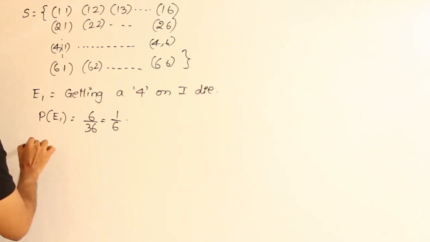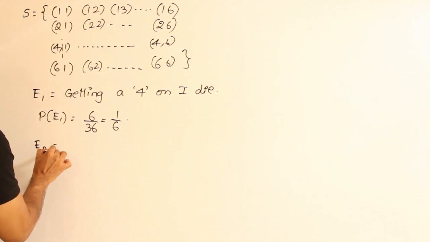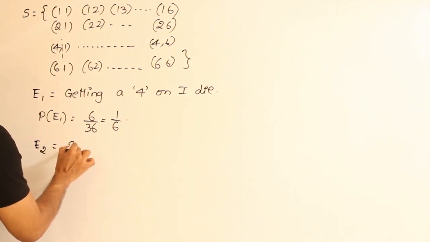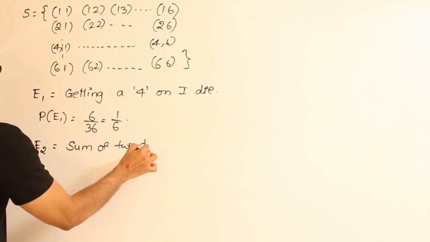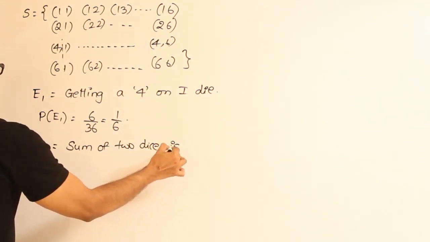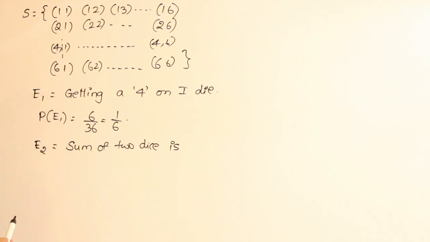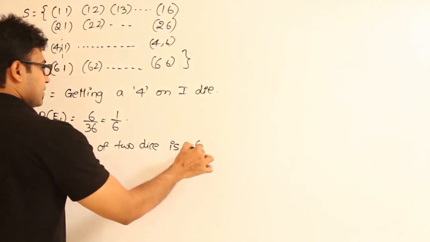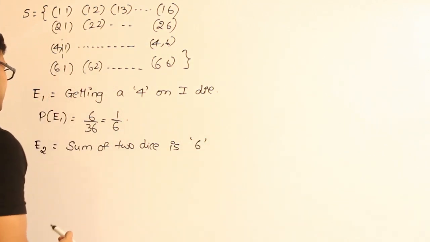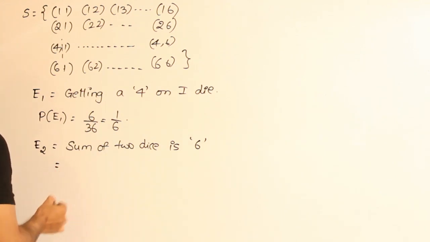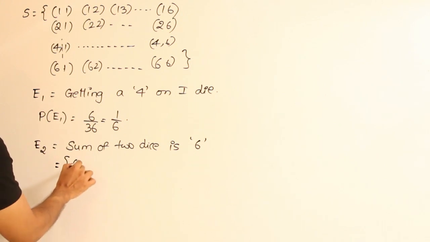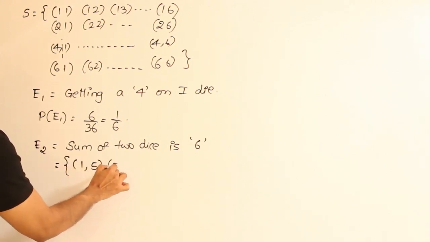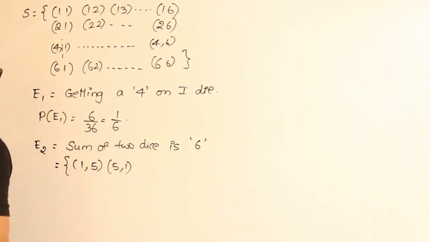Now let us say E2 is an event in which the sum of the 2 dice is, let's say, 6. So if you want the sum to be 6, then what are the possible outcomes that we should expect on the dice? So what are the possible elements? One is 6 means 1 comma 5 and 5 comma 1, right?